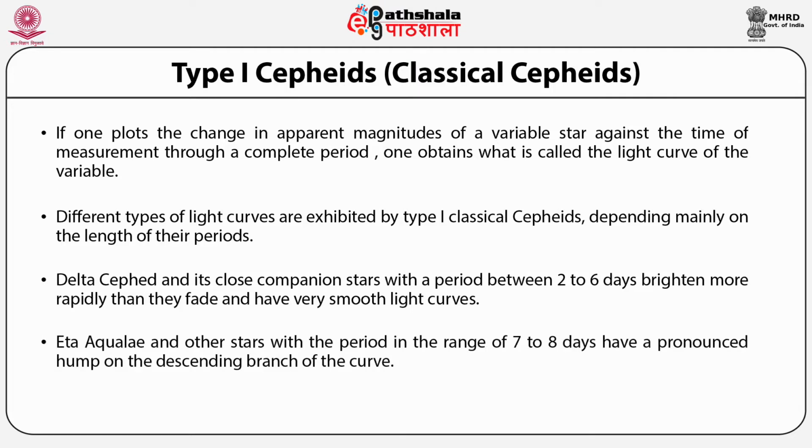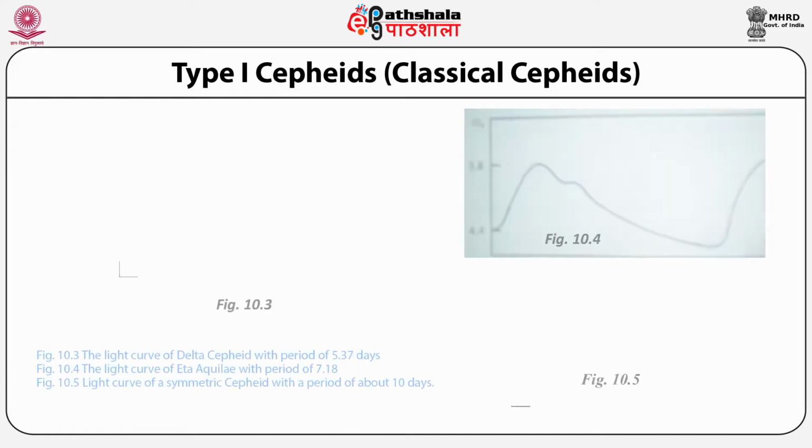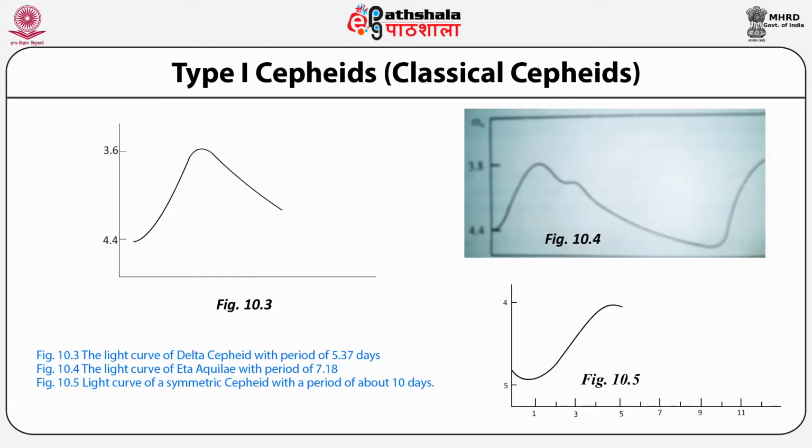Eta Aquilae and other stars with a period in the range from 7 to 8 days have a pronounced hump on the descending branch of the curve. The curve becomes very symmetrical, rising and falling at almost equal rates. The following set of figures show some of the Cepheids having variation of apparent magnitude with periods in days, as we have already explained.